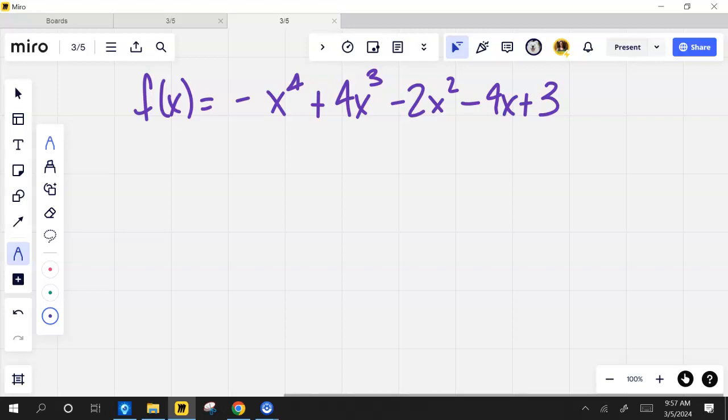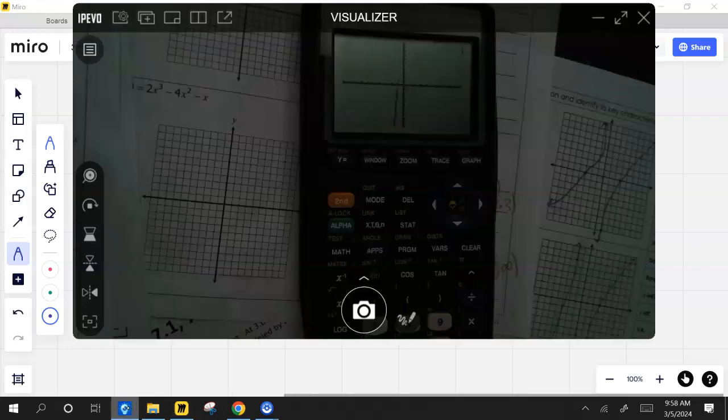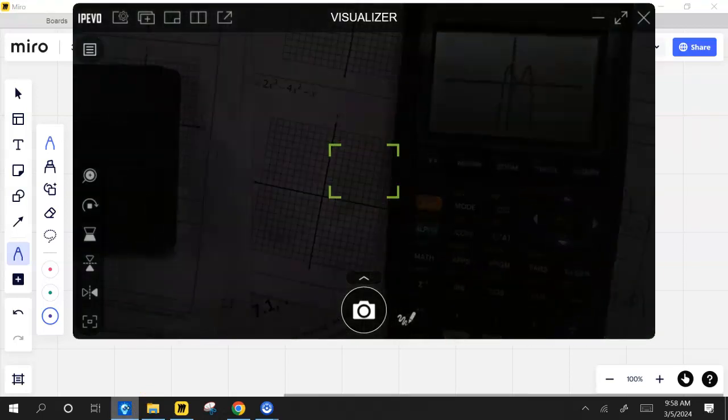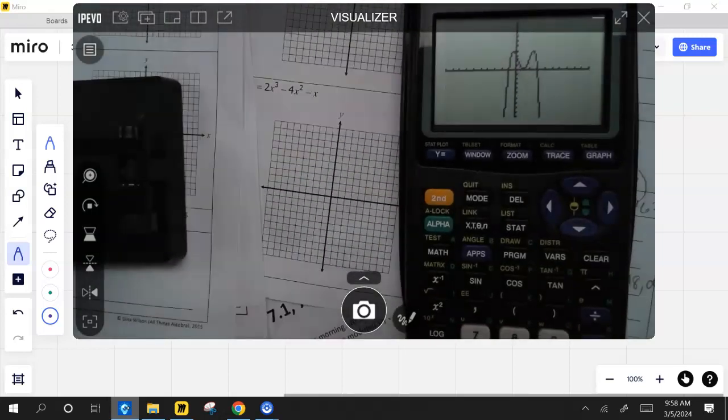So again, we're just on our calculators. Oh, I'm sorry. Hold on.